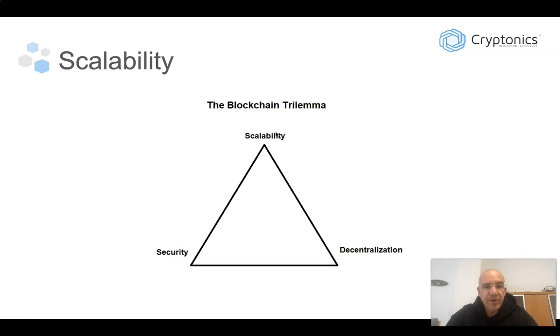That might be necessary for some blockchain applications and the necessary trade-off. And we always have to look at what our application requires in terms of scalability and security and decentralization in order to decide what platform we choose.